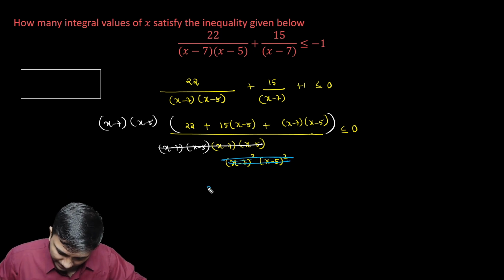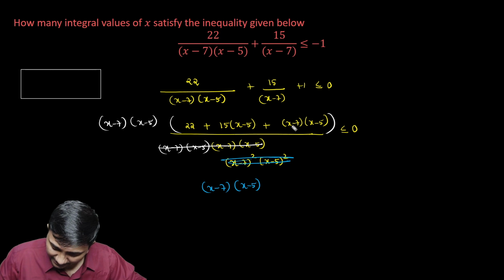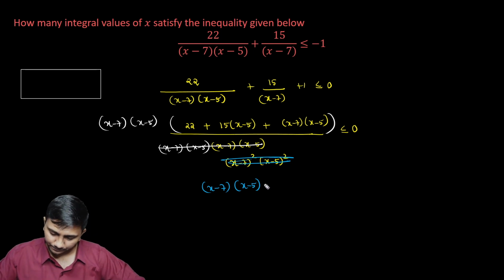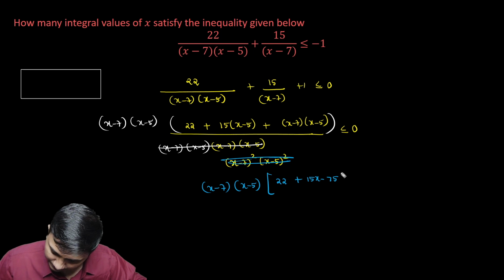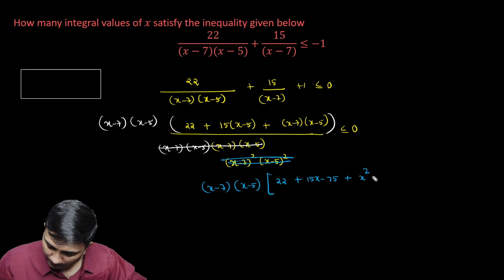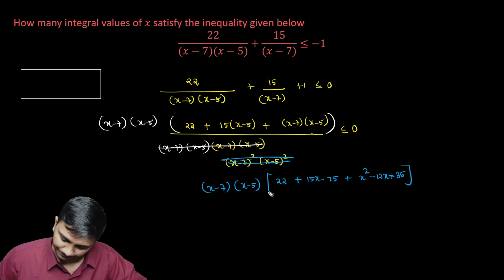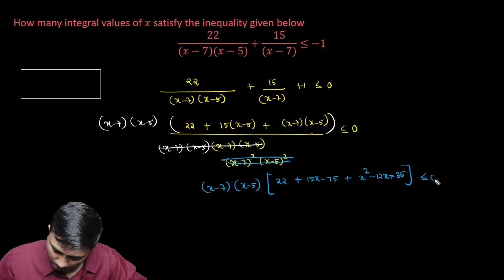So we have x minus 7 into x minus 5. Let's try and simplify what we have got here. That's going to be 2x squared plus 15x minus 75 plus x squared minus 12x plus 35 less than or equal to 0.